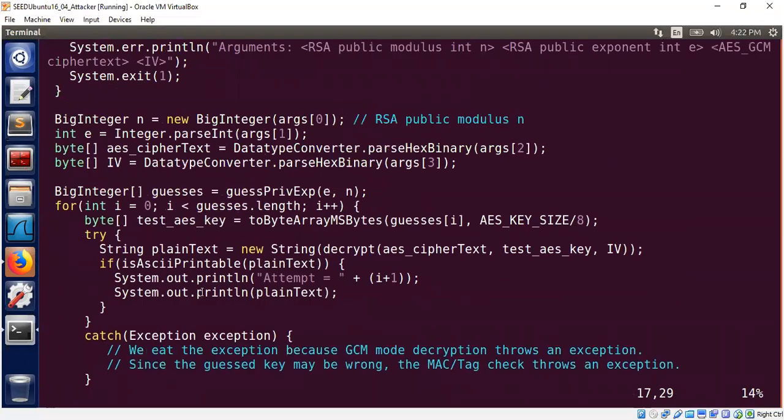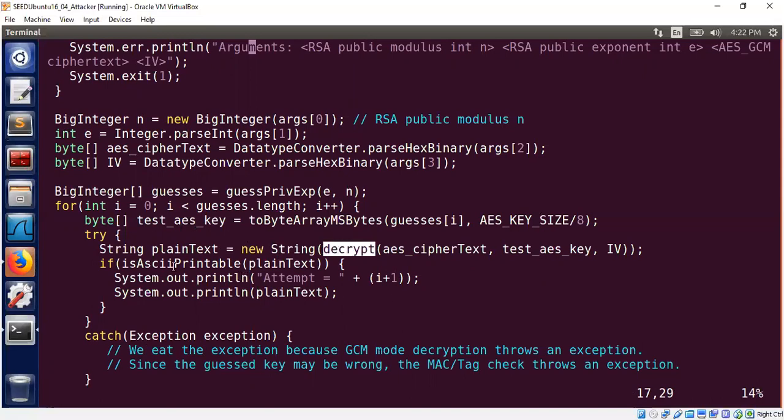Once the guess is done, the algorithm takes each guess and takes the first 256 bits. That's what we need. You see here, it takes the integer that is coming from the guess and uses the AES key size, which in this case is 256 divided by 8, 32 bytes. So it takes 32 bytes of the guessed private exponent, and then it makes a decryption call.